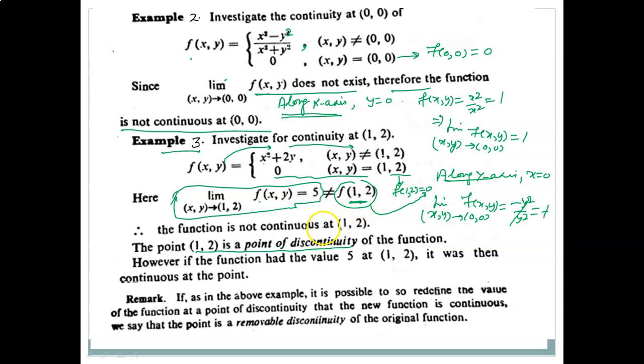In that case the function becomes continuous. That means you are able to remove the discontinuity involved in this function by redefining it. So such a discontinuity, which can be removed by redefining a function, is called a removable discontinuity.